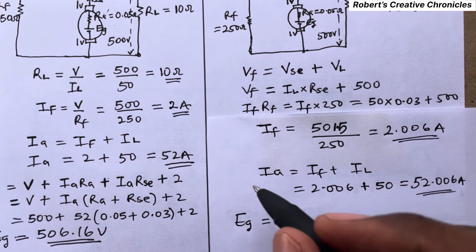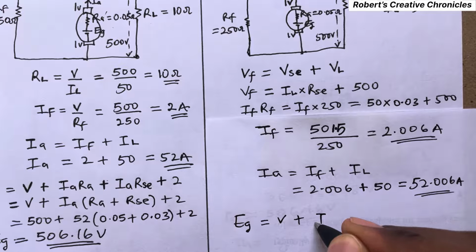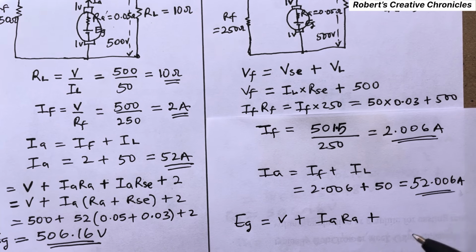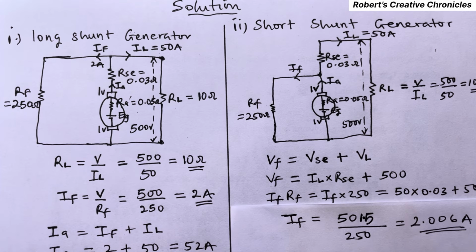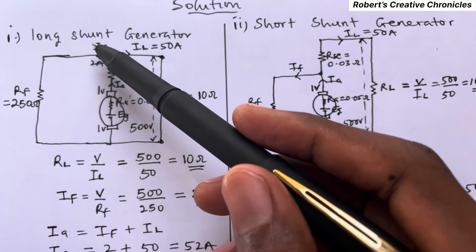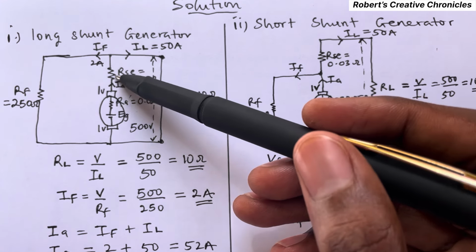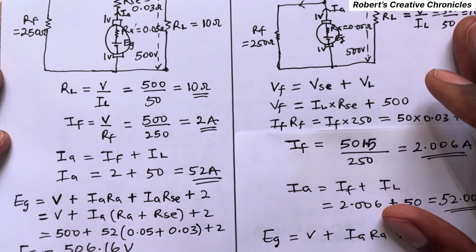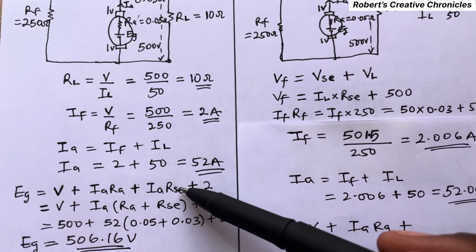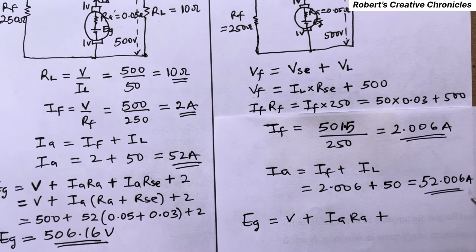EG is V plus IA RA plus, now you know that in the long shunt generator, it is the same current IA that passes through RA and RSE. That is why the formula is IARA plus IARSE. Now in this one, the formula changes slightly.